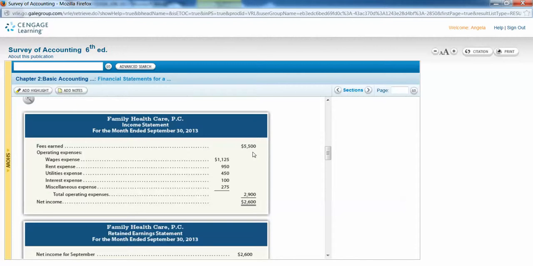And what that means is the numbers that you're looking at are the actual numbers. The fees earned by Family Health Care in the month of September 2013 were $5,500. And there's nothing you need to do with that number.